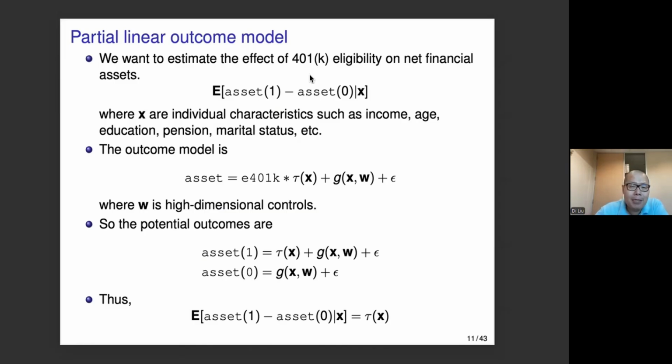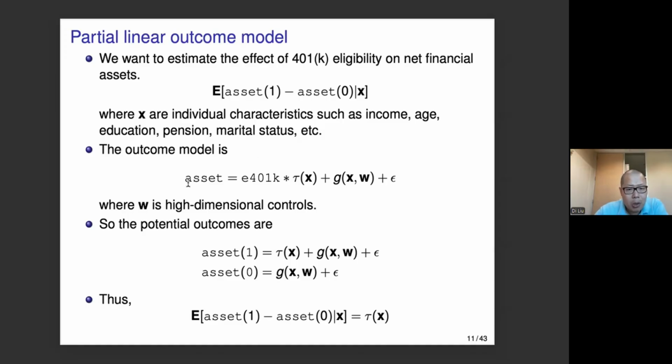Some companies offer this 401k service, and some companies do not. So eligibility depends on which company you work in, and it will affect your net financial assets. Here we want to learn how these effects vary with some individual characteristics such as income, age, education, pension, and marital status.